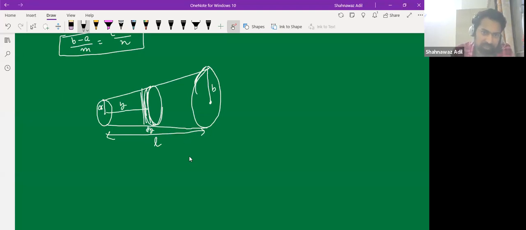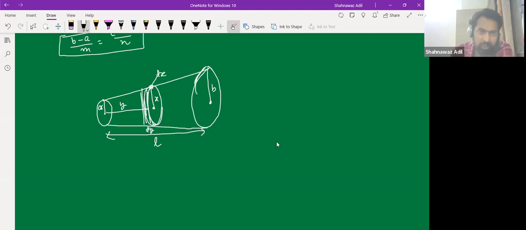Is this clear? Yes, sir. So we are taking a very thin disc, and this length is x, and its strip length is dx.